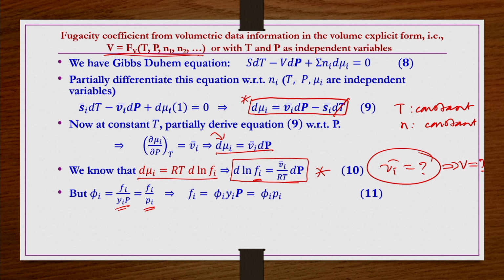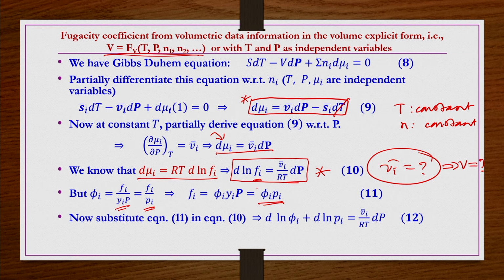So fi is equal to phi times small pi, and we want d ln fi. In place of d ln fi we can write d ln phi plus d ln small pi, because fi is phi multiplied by small pi, and the right hand side Vi bar by RT dp stays as it is.